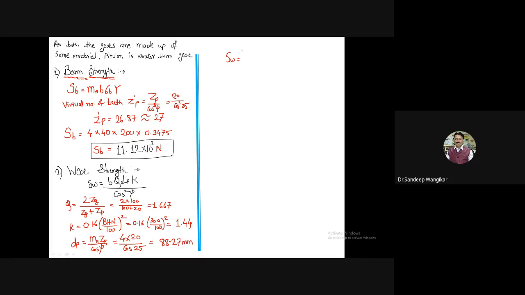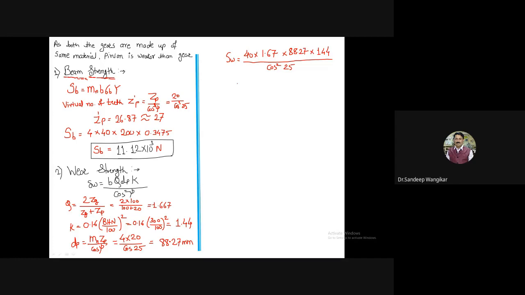Now all values are with me. I will substitute: SW is equal to B, Q value 1.67, DP 88.27, into K value 1.44, divided by cos square of 25.